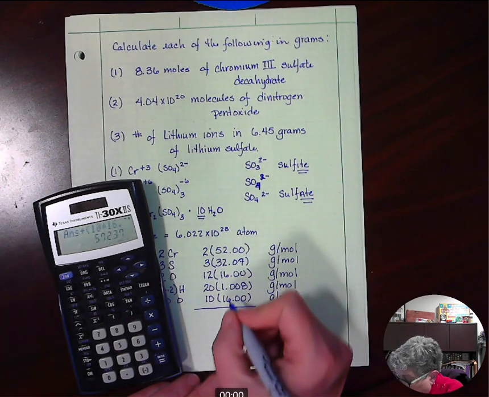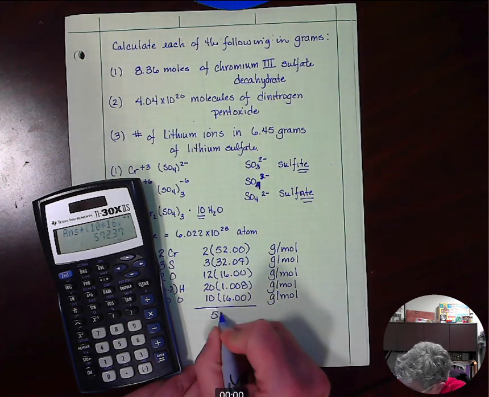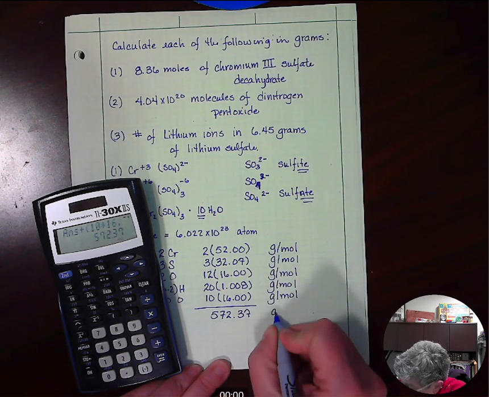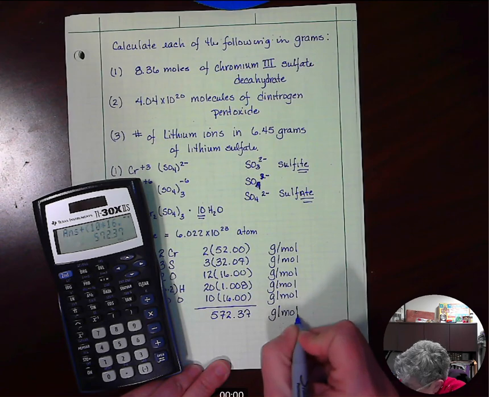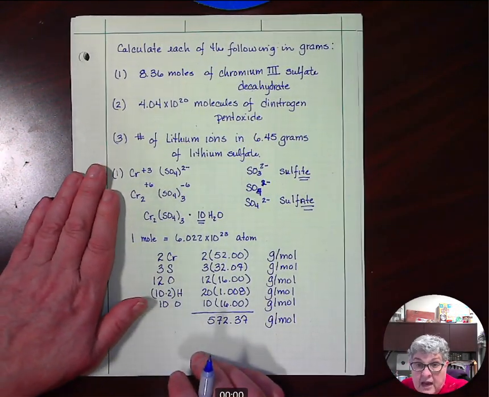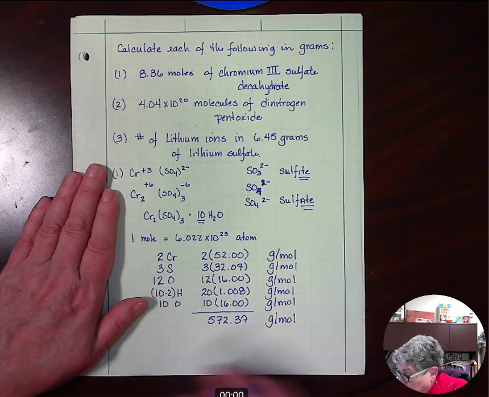And this gives me 572.37 grams per mole. So we're told from the problem that we have 8.63 moles.